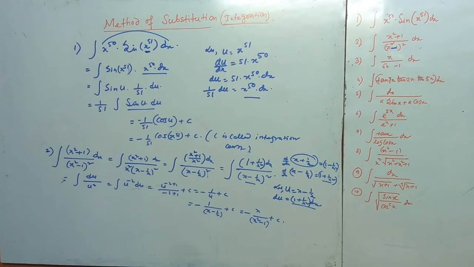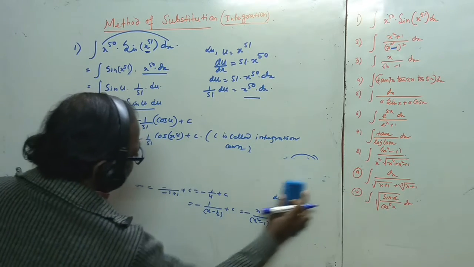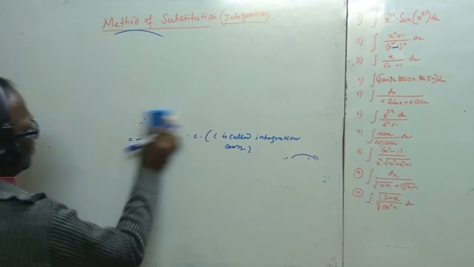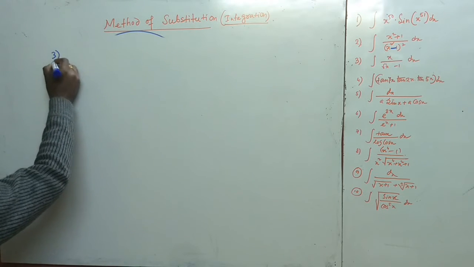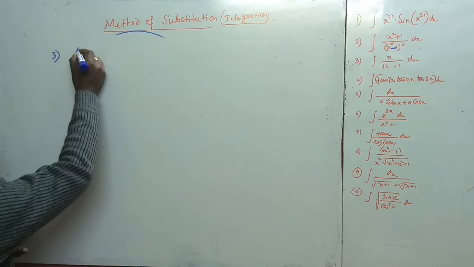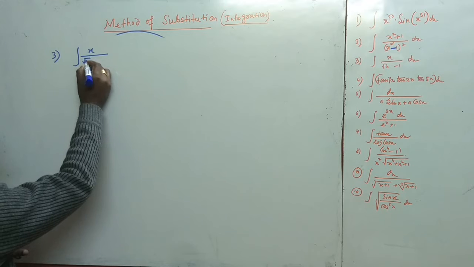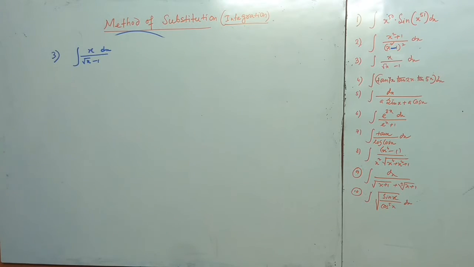Now for question number 3, integral of 1 by root over x minus 1 dx.